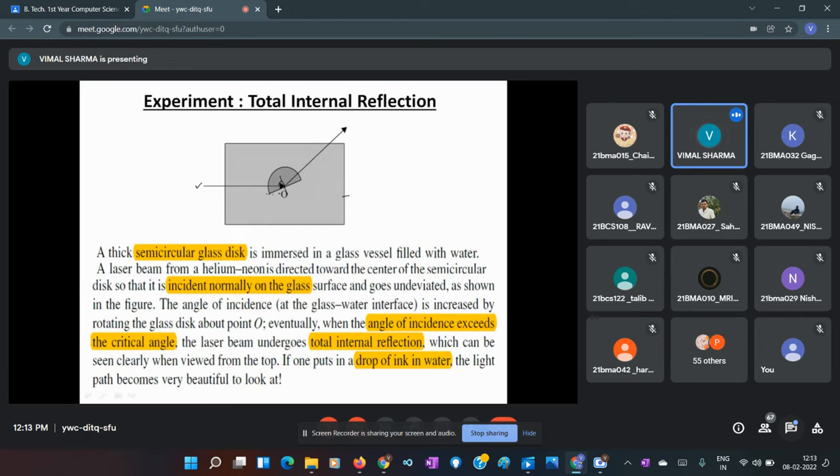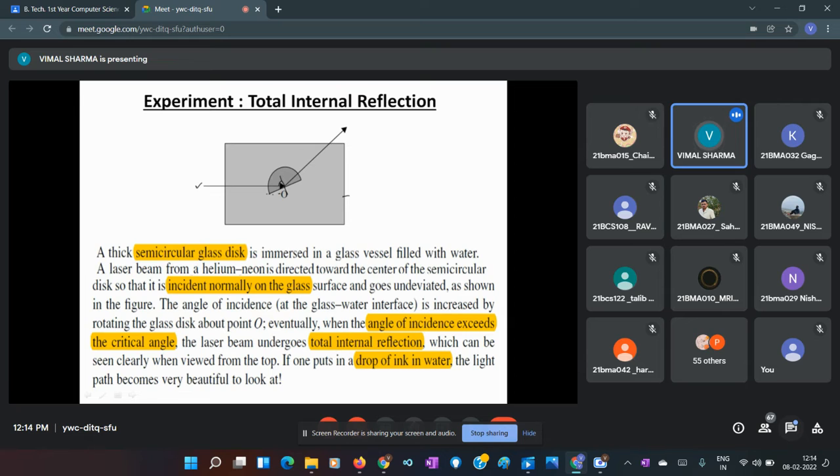So we are rotating this semicircular glass, and we know the refractive index of glass and of water, though there will be impurities in this water, so the refractive index also varies with the contamination of water, but roughly we know it.